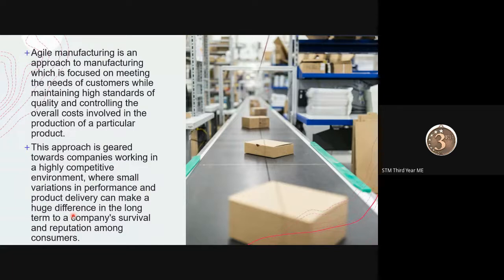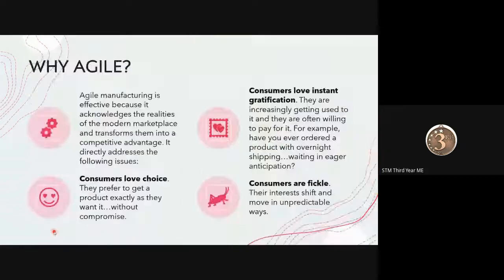While if it is done in a faster manner, then obviously it keeps its demand alive, because the company's survival and reputation rest among consumers. So their reputation and survival are based on the demand. So picking up that demand first and as early as possible is the main objective of agile manufacturing.